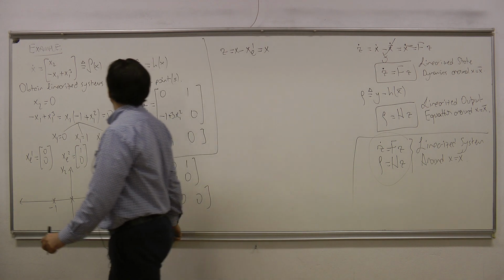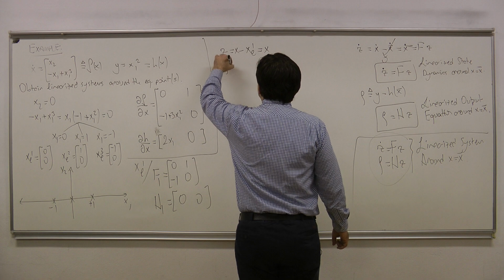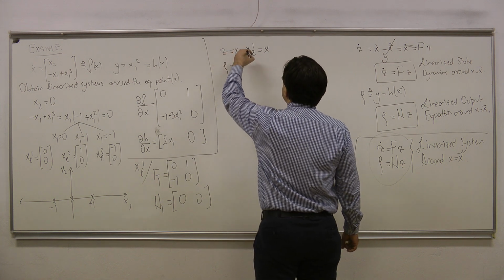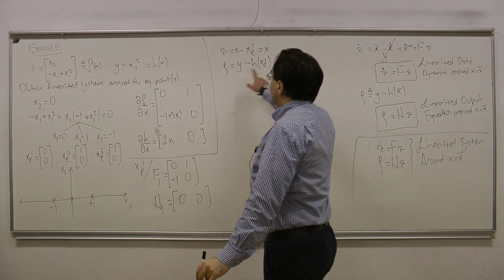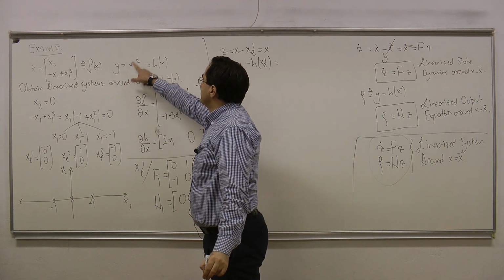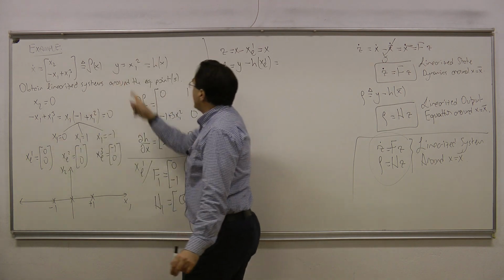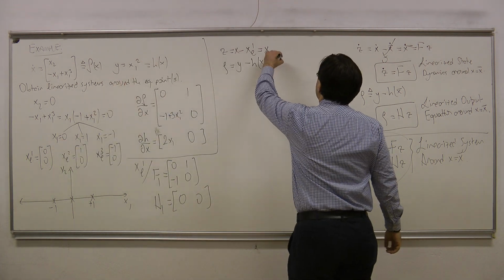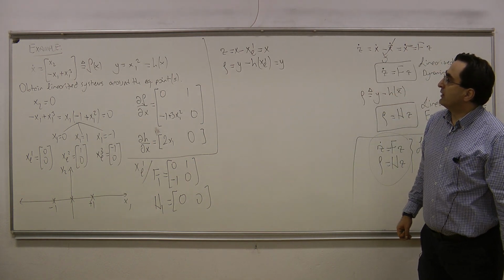And what about just the new output? Rho equals y minus h of XE1. Okay? If I substitute in this h function 0, 0, I would get 0 again. So rho is equal to y in this case as well.